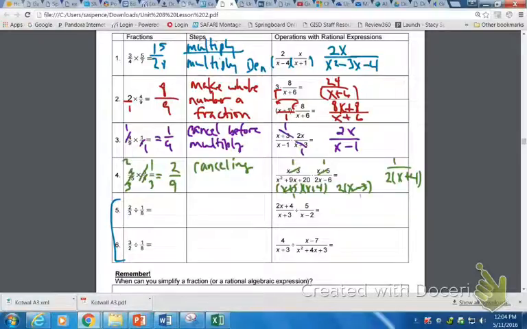We change our division to multiplication. All right, so let's do that. Let's rewrite our 2/3. So this would be 2/3 times what? 8 over 1. Remember, when we divide fractions, it's the same as multiplying by the reciprocal.